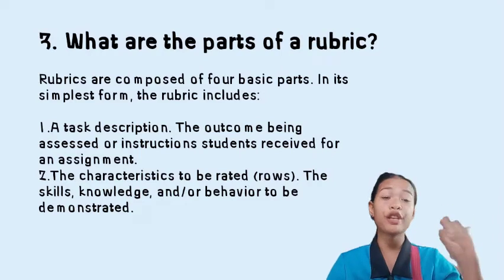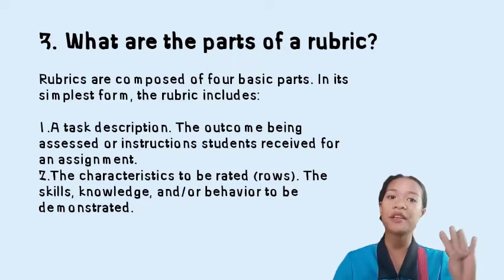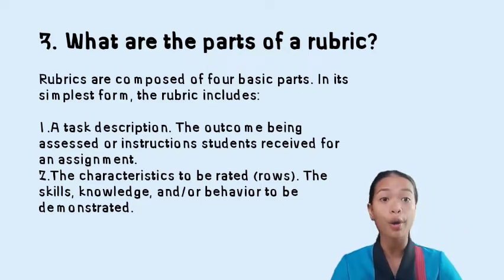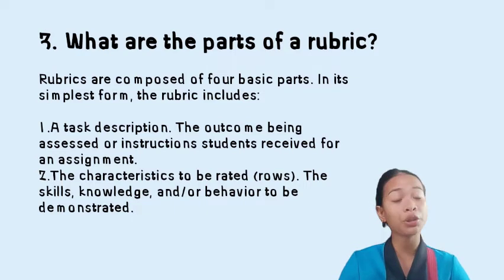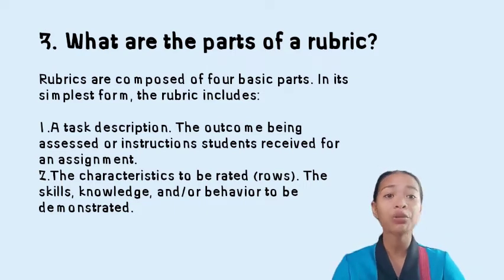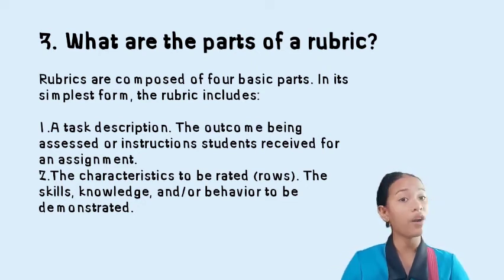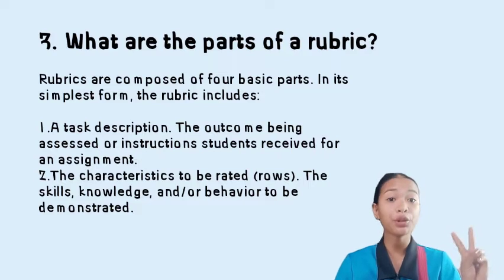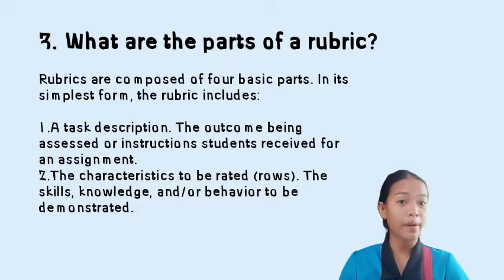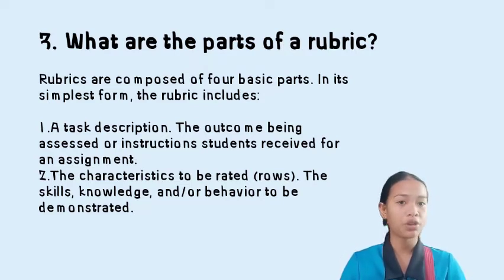Then number 3, what are the parts of a rubric? Rubrics are composed of 4 basic parts in the simplest form. Number 1, a task description, so the outcome being assessed or instructions students receive for an assignment. Number 2, the characteristics to be rated, or the rows: the skills, knowledge, and behavior to be demonstrated.